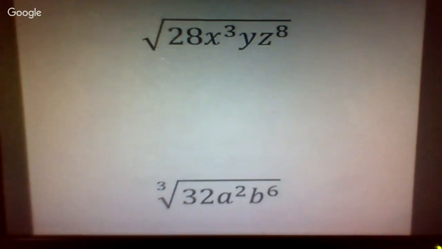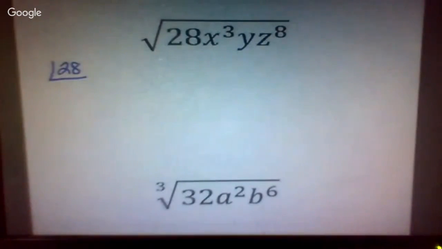Okay. This page just gets folded in half. We've got 6 examples and we're finished, my friends. So step number 1, when you're simplifying radicals, I want you to take the number that is underneath your radicand and find the prime factorization of it. So we need to take 28 and find the prime factorization.